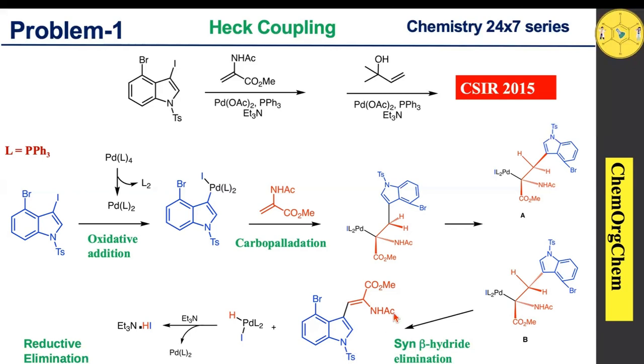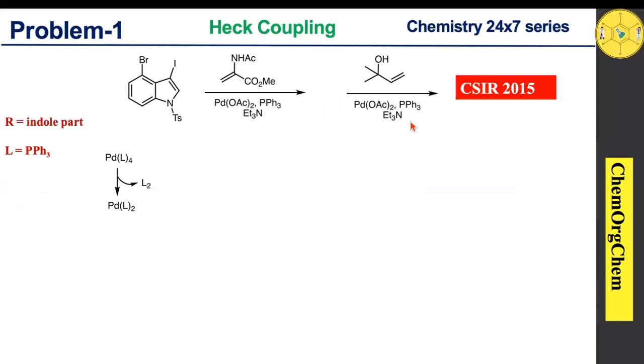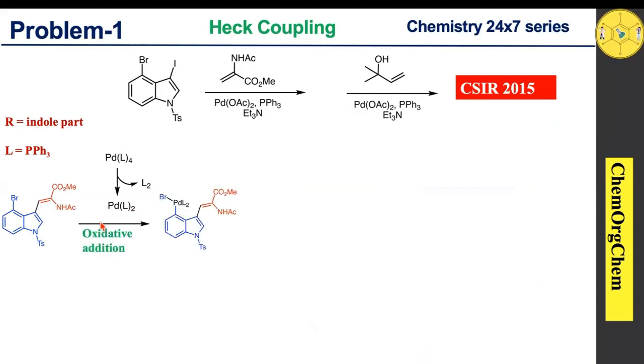Now this intermediate reacts with this alkene in the next step, in one more Heck reaction. As per our Heck reaction, here also the first step is the generation of the palladium zero active catalyst. After that, this intermediate compound reacts with the palladium complex, which readily undergoes oxidative addition to produce the corresponding palladium complex.